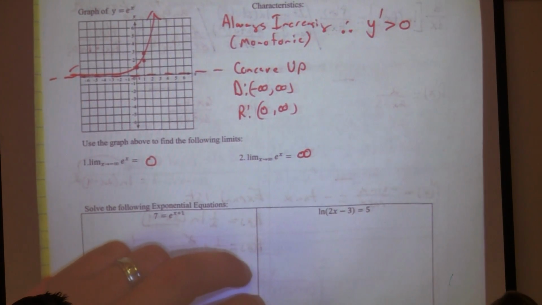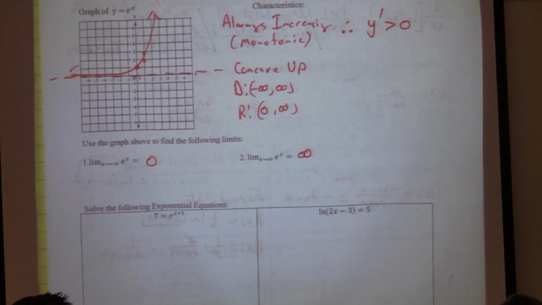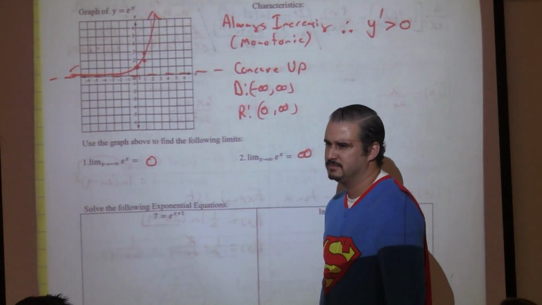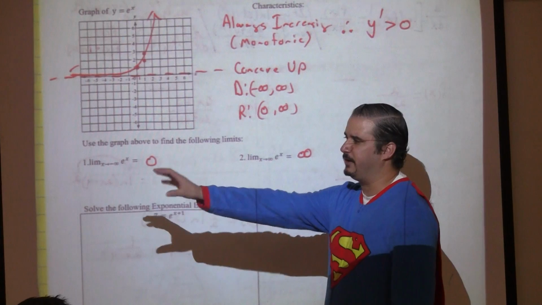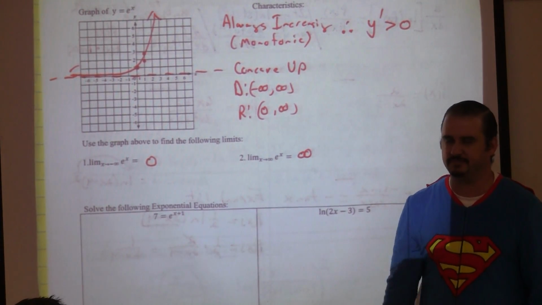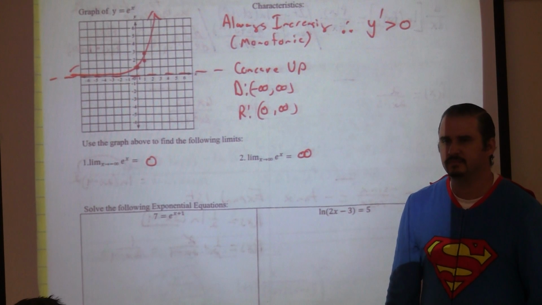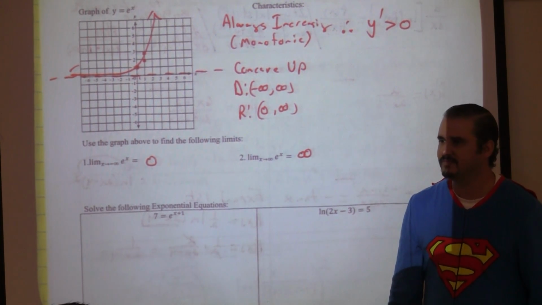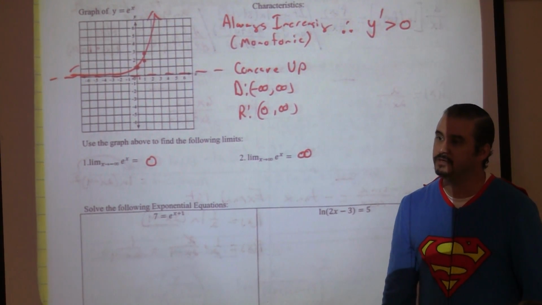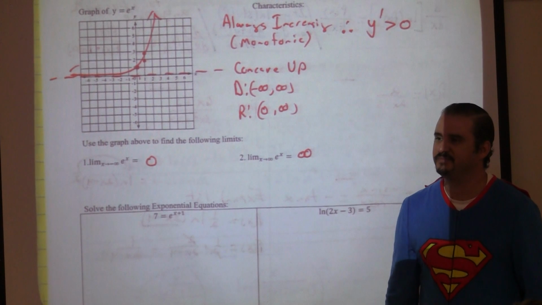So does anybody remember what you would do if you were trying to find the inverse of something? Remember when your teacher gave you an equation and then she said, find the inverse of this equation. What was the first step? Anybody remember? From pre-cal?